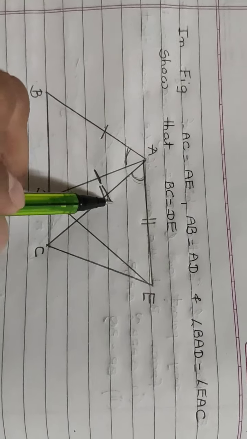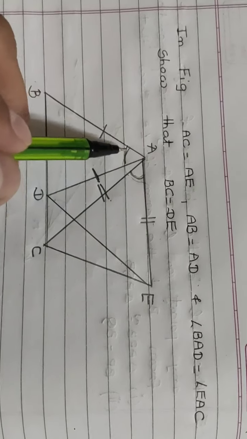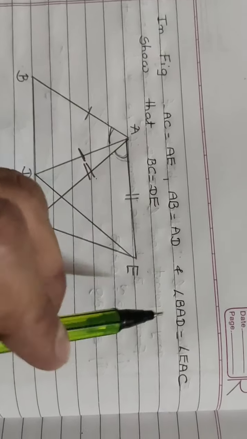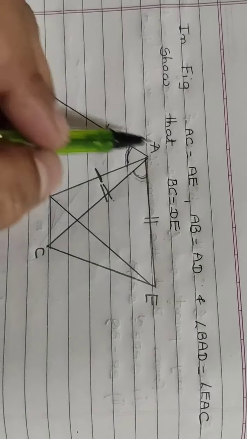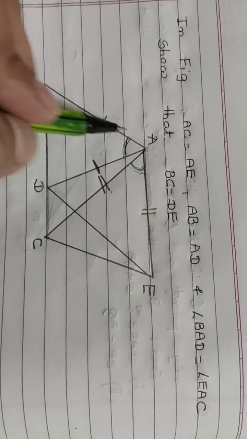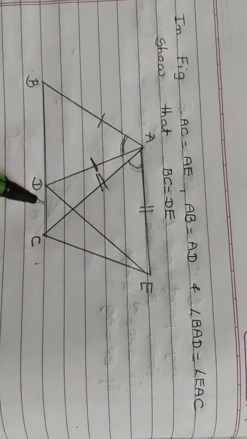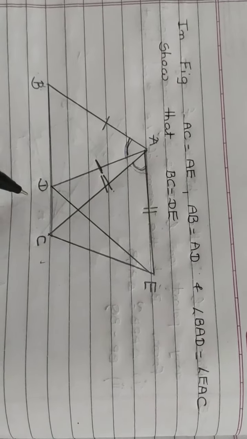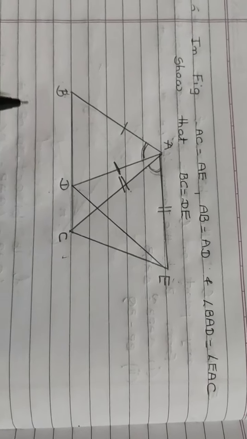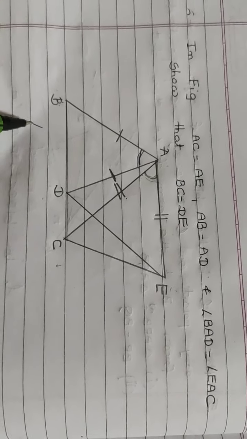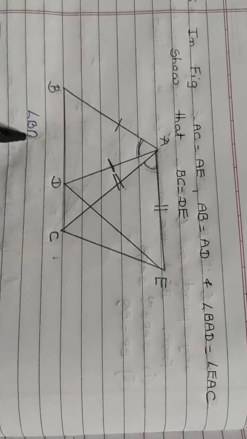That means these two sides are equal, but the angle between them is not equal because the angle given is BAD. That means that much angle, and if we take the triangle ABC, then we need BAC to be equal to angle EAD, right? So for that, what we are going to do, BAD is equal to EAC is given.